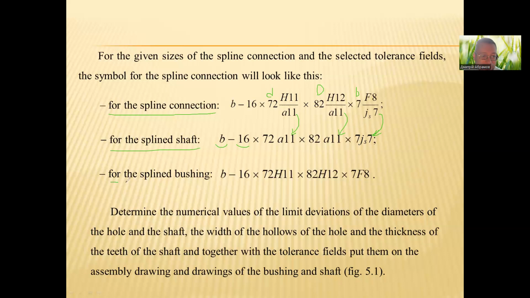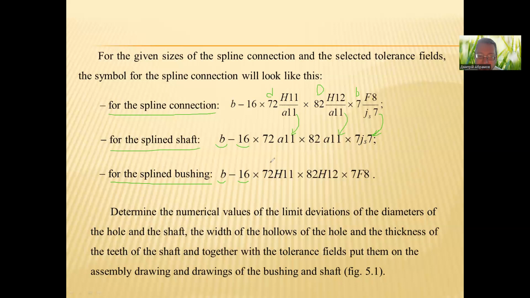For the splined bushing, we use parameters only for the bushing: H11, H12, and F8. In the first place, the centering parameter is b. 16, it's Z. Z is equal to 16, the number of teeth in this connection.